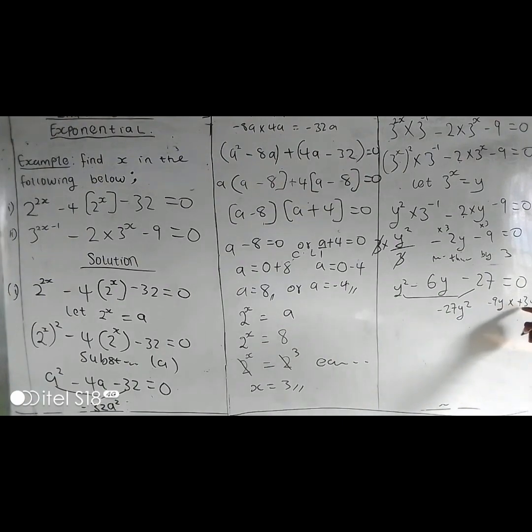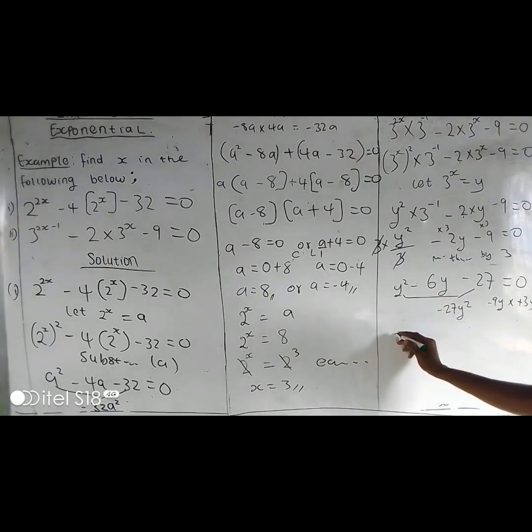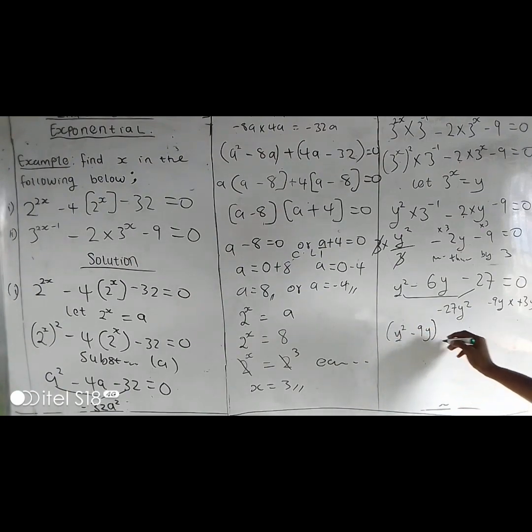So when you multiply these two, you have this, and when you subtract them or add them, you have this. So replace them as usual. You have this, then minus 9y, then plus 3y minus 27.